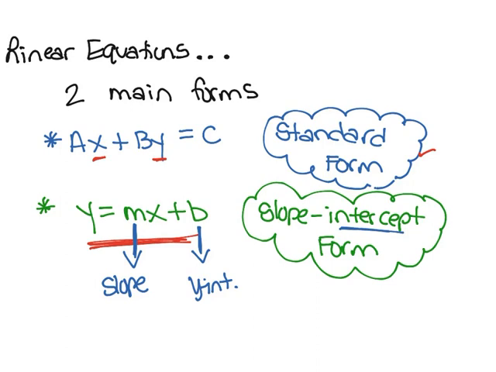Because in this form, you're given the slope and you're given a starting point, which is your y-intercept. So I'm going to give you some equations. We're going to graph some lines. We're going to transfer our lines from standard form to slope-intercept form. So here's our first equation.